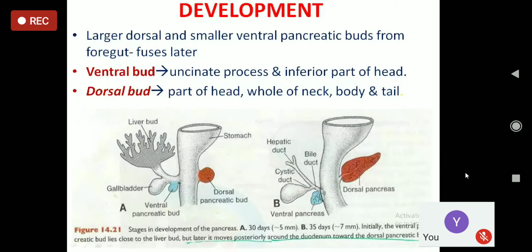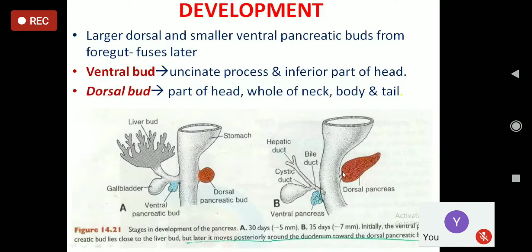The ventral bud gives rise to the uncinate process and the inferior part of the head, and the dorsal bud gives rise to the major part of the head, the whole of the neck, body, and tail.